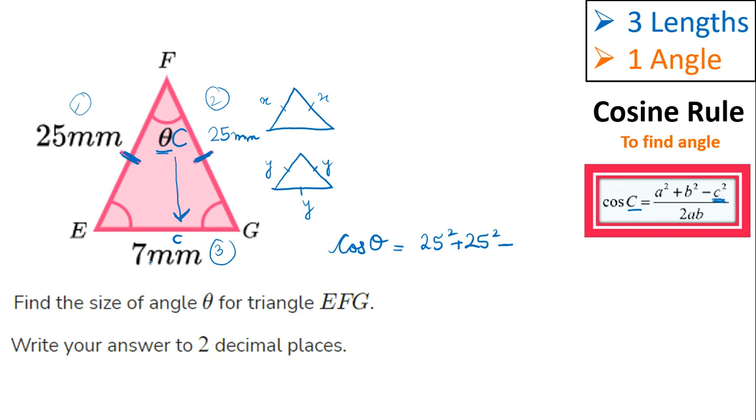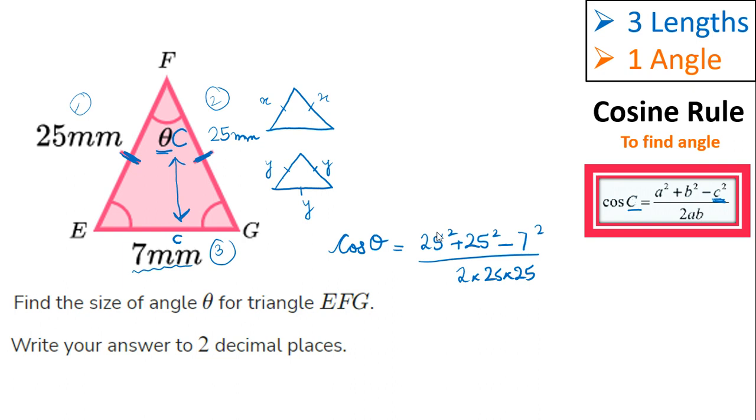And c, as I told you, is always going to be the length that is right opposite to your capital C, and your capital C is always going to be the angle you're taking. So cos theta equals 25 squared plus 25 squared minus 7 squared, divided by 2 times 25 times 25. Now this is how your arrangement should look.